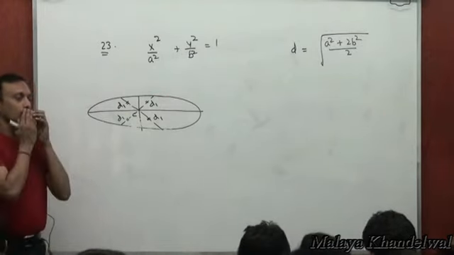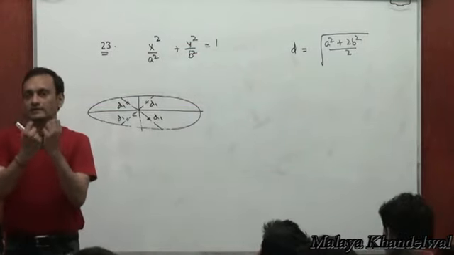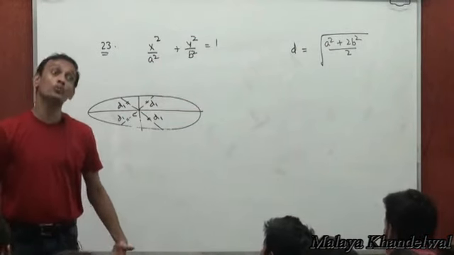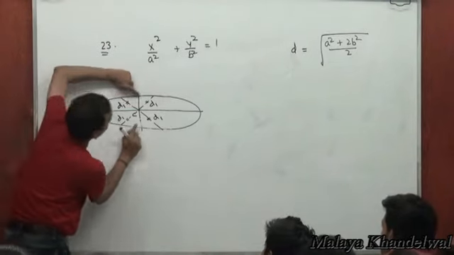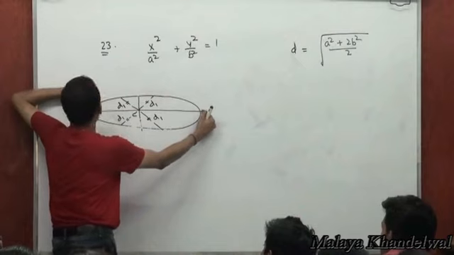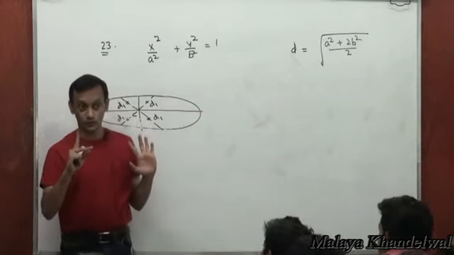But if someone says that there are only 2 points at a distance d1 from the center, then there are only 2 possibilities. Either those 2 points are the ends of the minor axis, or those 2 points are at the ends of the major axis. Yes or no?